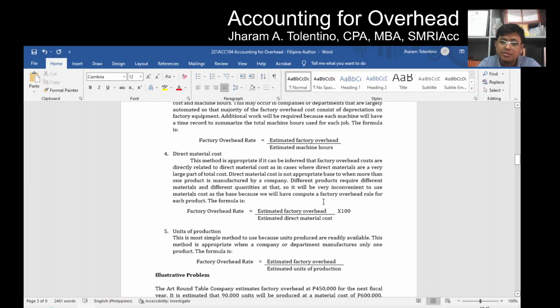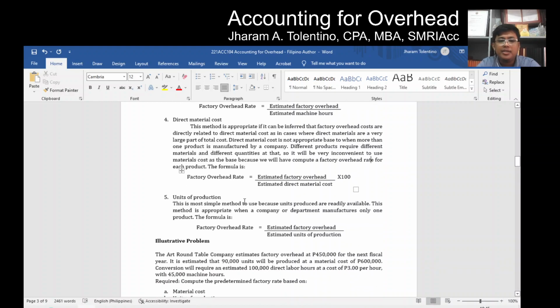And so it will be inconvenient to use material cost as a base because we have to compute the factory overhead rate for each product. The formula is estimated factory overhead cost divided by estimated direct material cost. So peso divided by peso, lalabas is syempre point something. Multiply natin ng 100 para maging percentage.